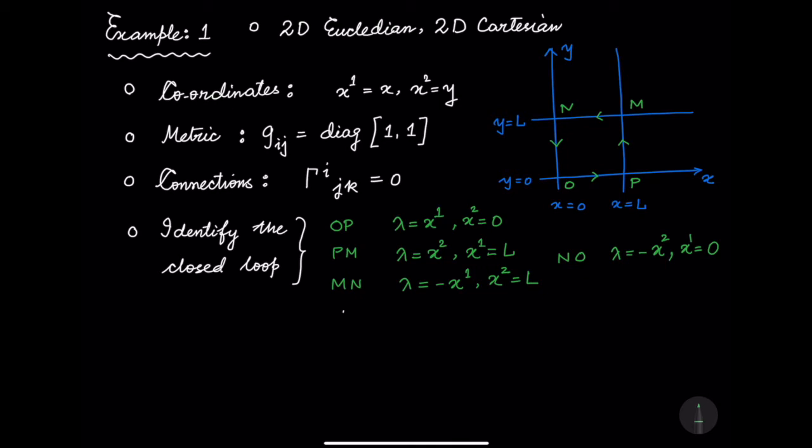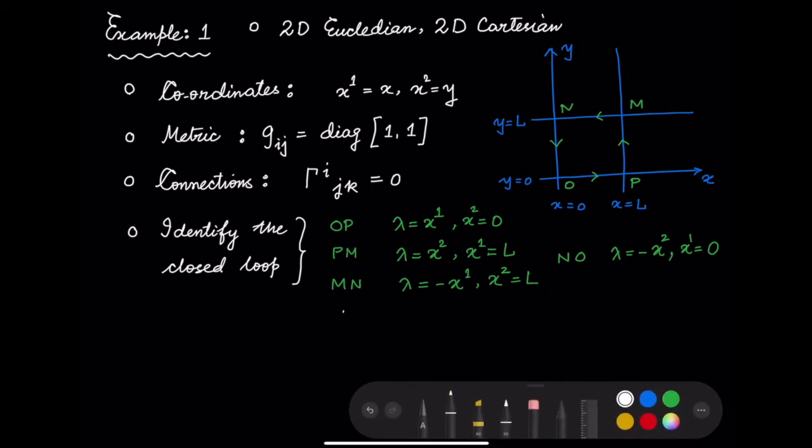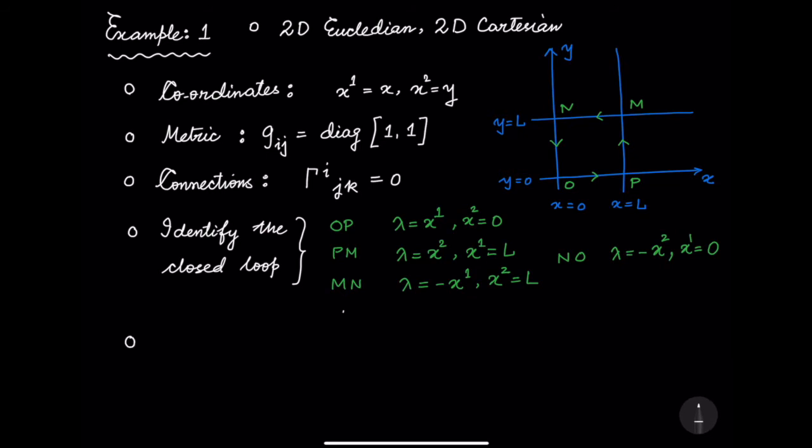But as you may have already guessed, let me write down what the parallel transport is. What do we mean by the parallel transport? This will require, if my vector is A, this equals 0.